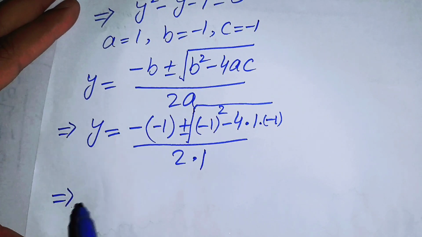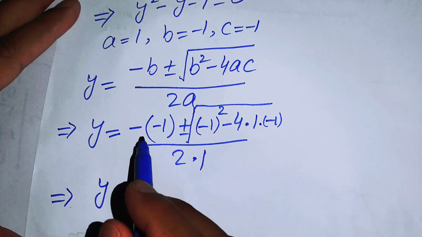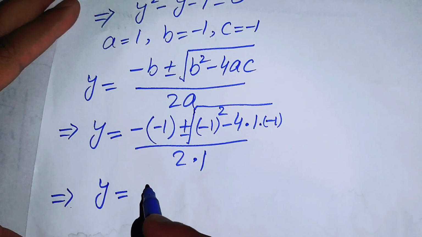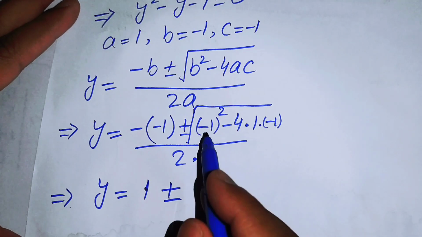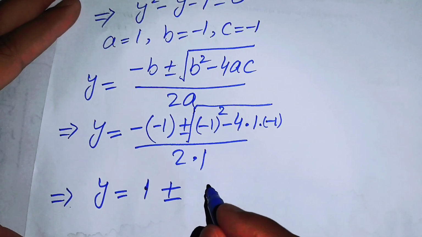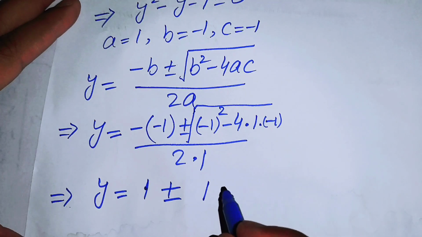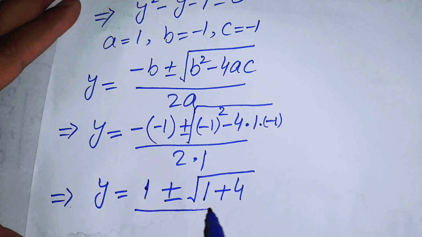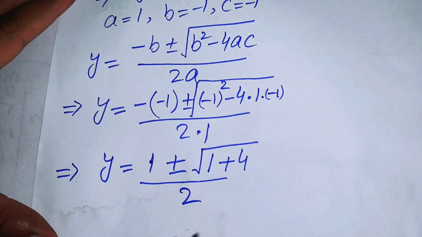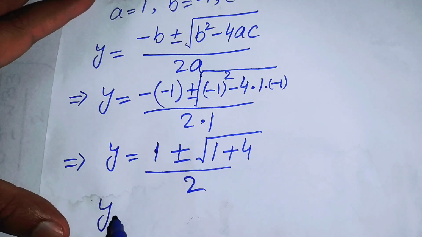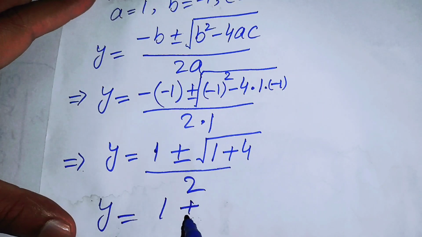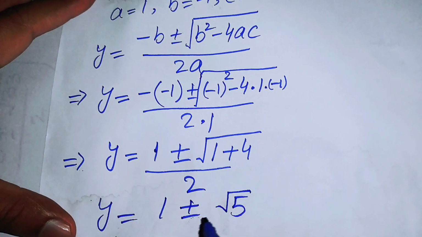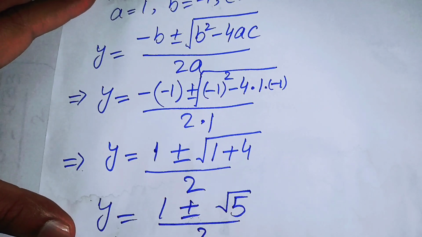After that we will simplify the terms. Here you have minus minus, which is plus, so it becomes plus 1 plus minus the square root of the square of minus 1, which is plus 1, and minus and minus is plus 4, over 2. Finally we get y is equal to 1 plus minus square root 5 over 2.